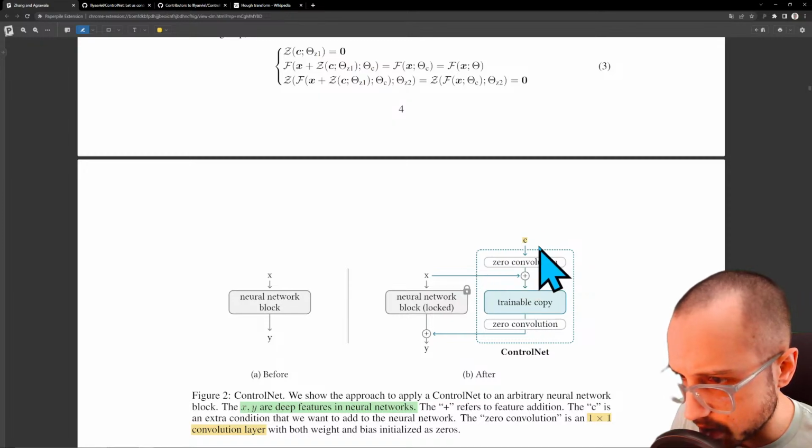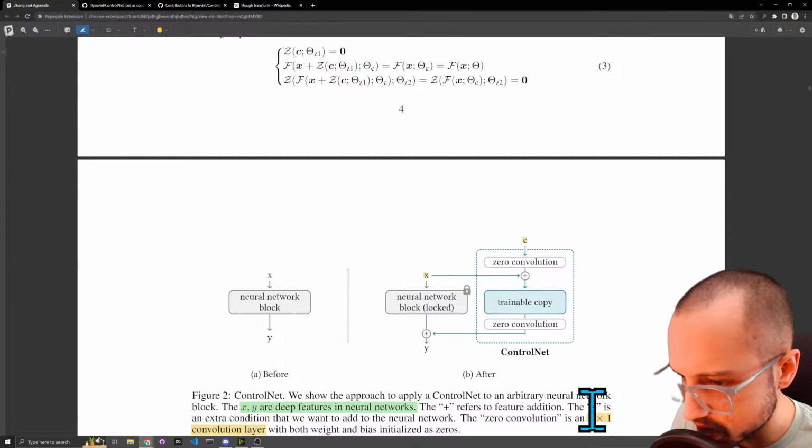And then it's basically going to combine the input X with the condition. I don't know what this is. Maybe it's a sum. Then a trainable copy. This is going to be the actual layer where you're going to push the gradients, right? So over time, I think you're going to fine tune this. That's what I suspect, is you're going to fine tune this ControlNet.